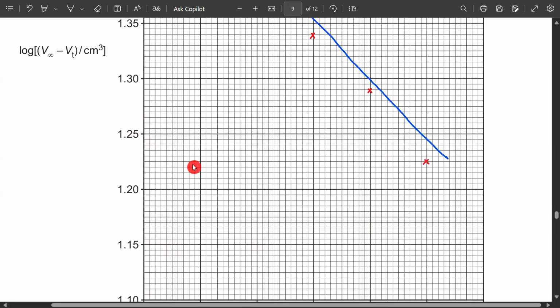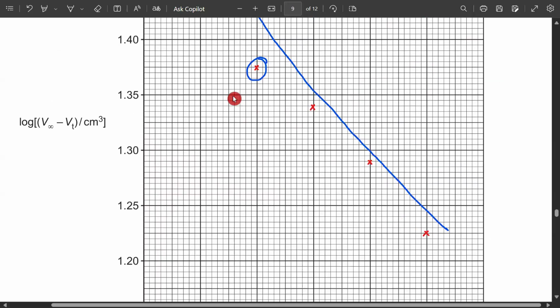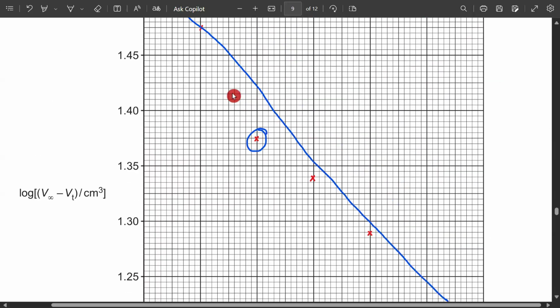And the steepness of the curve also becomes more, because the effect of the temperature is on steepness.